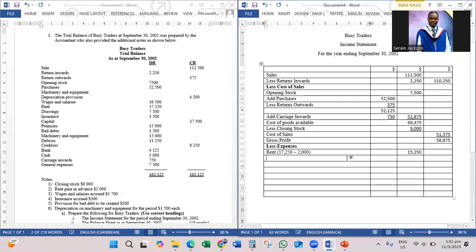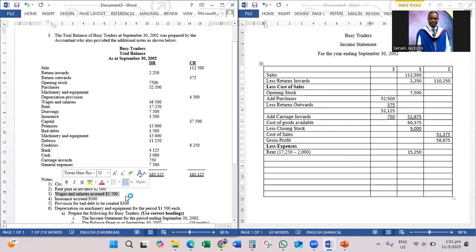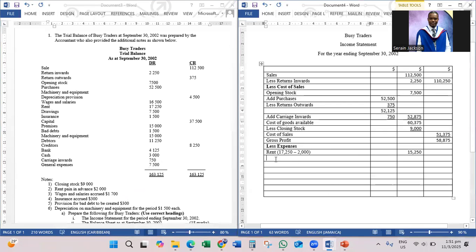That would be 15,250. The next item in the footnote, as it relates to expense, is wages and salaries accrued. That means you're owing it. So open a bracket: wages and salaries, 16,500, plus 1,700.